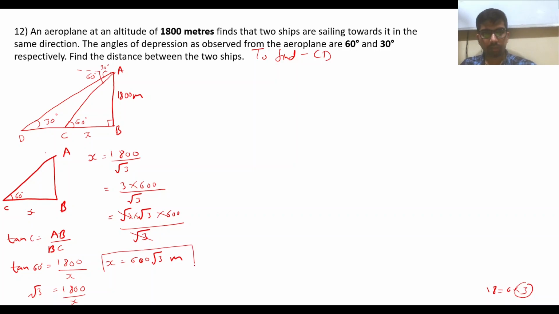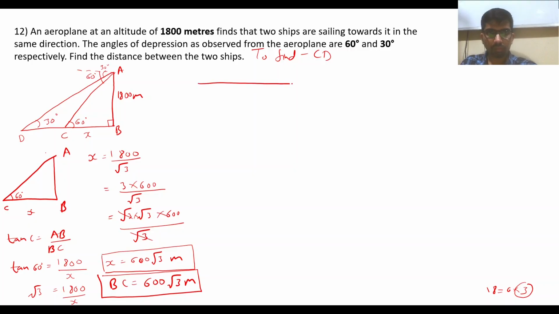We got X का value and X is what? X is BC. 600 root 3 meters. Now we'll do the number, we'll do the line wala thing. DB कैसे बनाए? DB कैसे बनाए? DC से प्लस BC से.